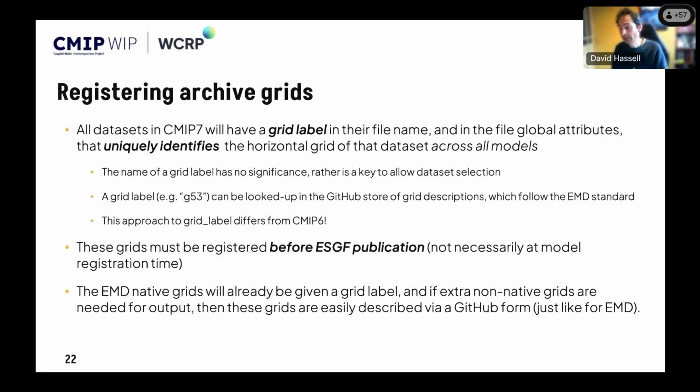But if you need to create a new grid label, say maybe you've interpolated your data to a different grid from what the model was integrated on, then these are easily added via a GitHub form, just like for the essential model documentation, and the grid description is the same as you would have provided for the essential model documentation. So that should be quite straightforward, I hope. And thank you. Next slide. I think that's me done.